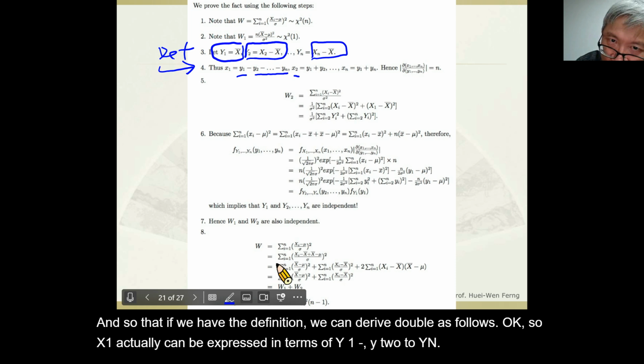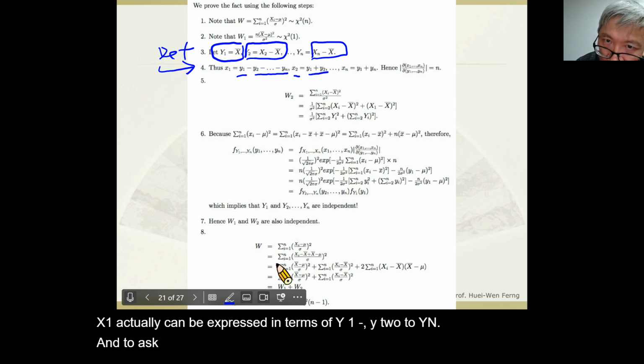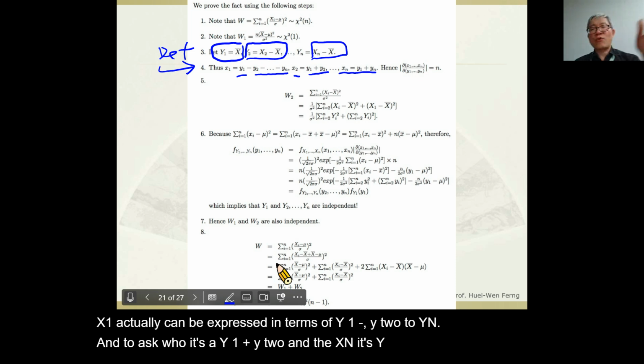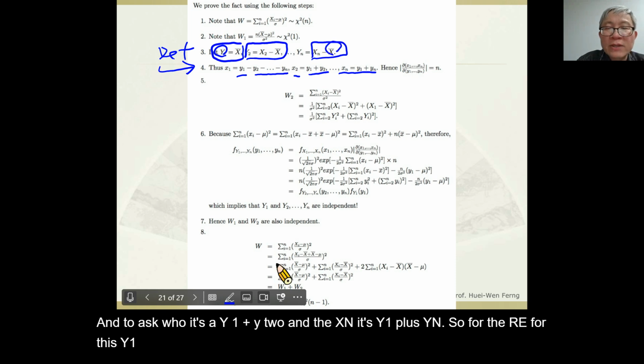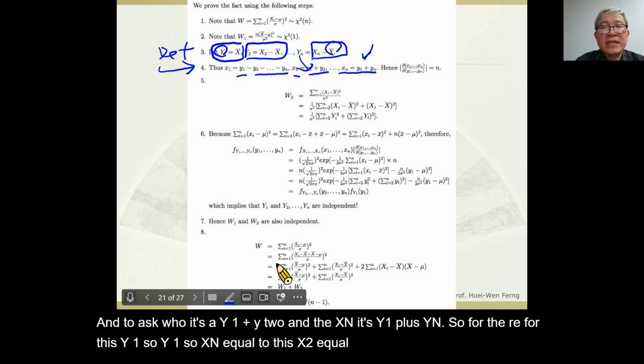And x2 is y1 plus y2, and xn is y1 plus yn. So for this, xn equals this, x2 equals this. It's easy.